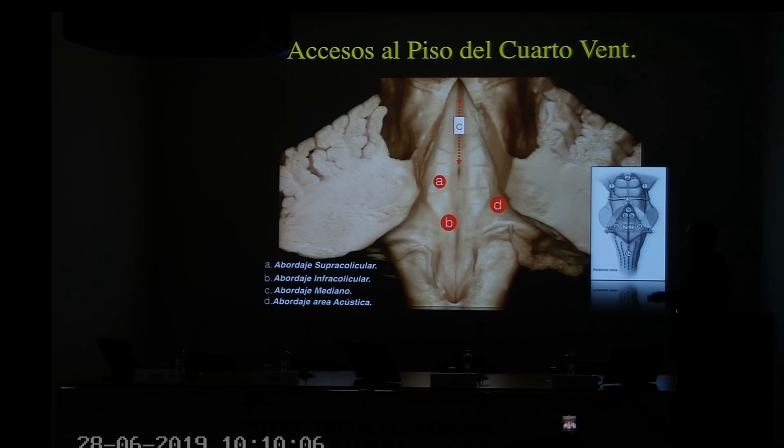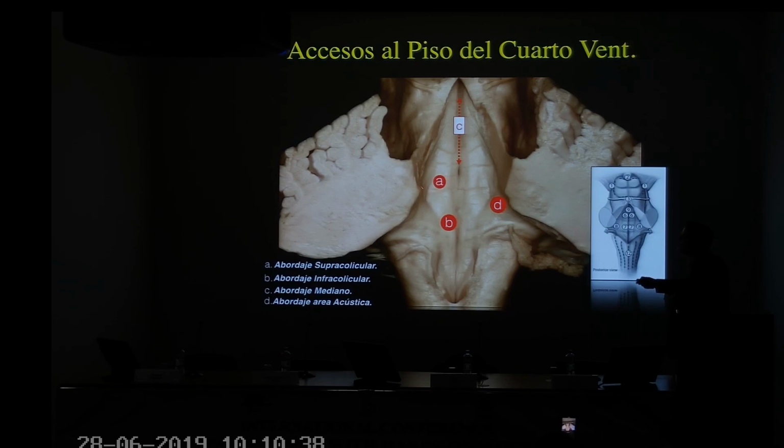Now, what can you do to access this area? Of course, the first thing I can tell you is this is the most problematic area. The superior triangle has 3 or 4 accesses to understand. The first is the supracollicular approach. Yesterday we talked about this, because to understand this approach you must first see the superior fovea.